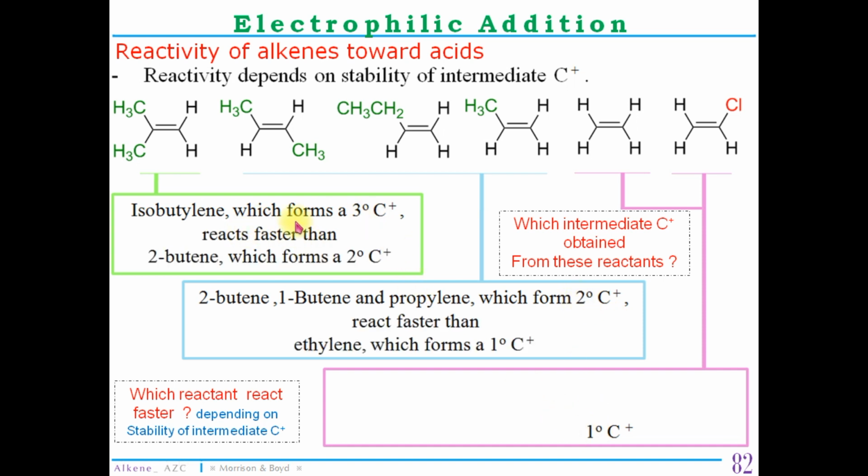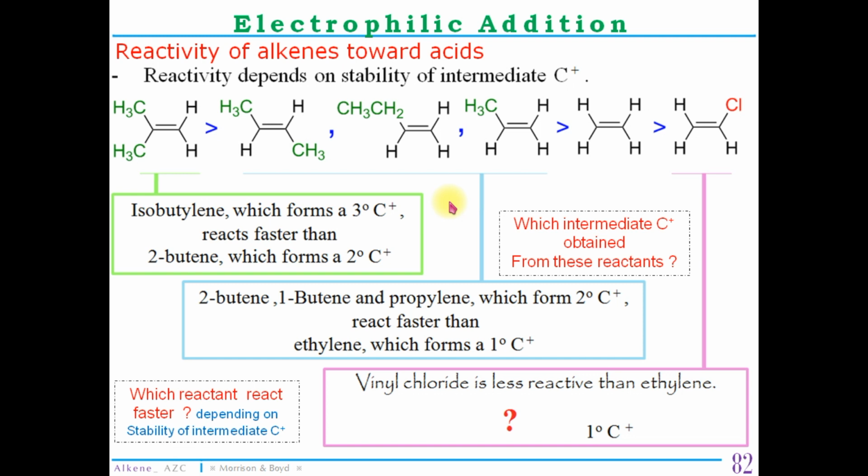So isobutylene reacts faster than 2-butene, and likewise 2-butene, 1-butene and propylene, which form secondary carbocation, react faster than ethylene. So this is our order of reactivity, where ethene is least reactive and isobutylene is most reactive.